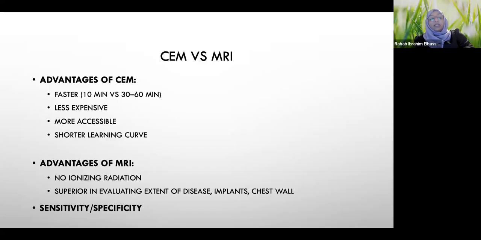When we started to do contrast enhanced mammogram, we were doing both because the staff was not used to it. We are radiologists, we didn't used to report it. So when we started, we were doing both contrast enhanced mammogram and MRI for the ladies, and then we surveyed these ladies, and I think 100% of them said they prefer to do contrast enhanced mammogram over an MRI.